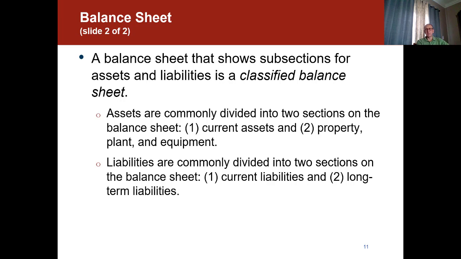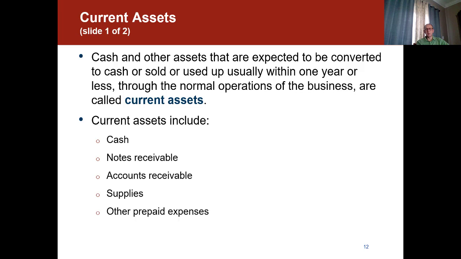So we start with the current assets. What are the current assets? These are cash or other assets that are expected to be converted to cash or sold or used up, usually within 1 year or less, in the normal operations of the business. I want you to remember, current assets always start with cash.